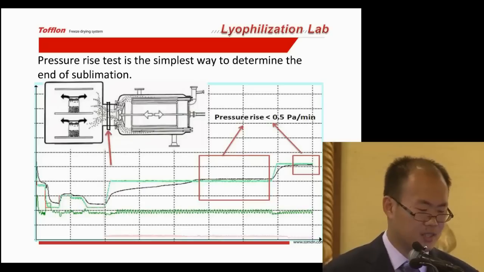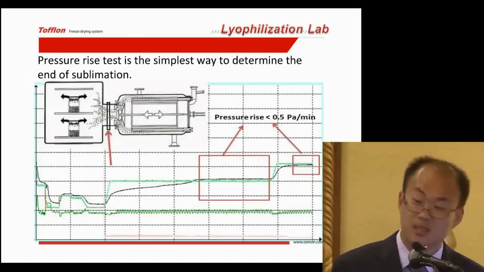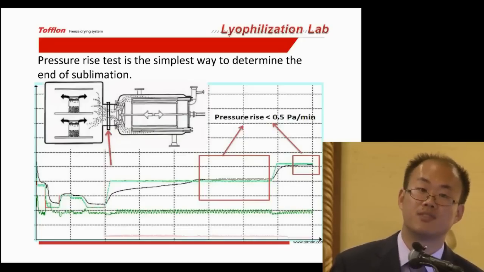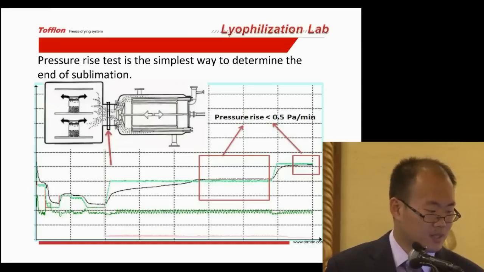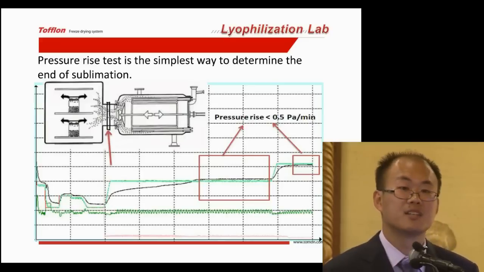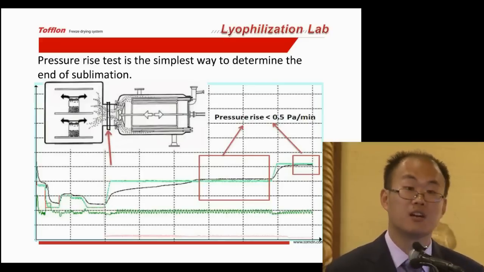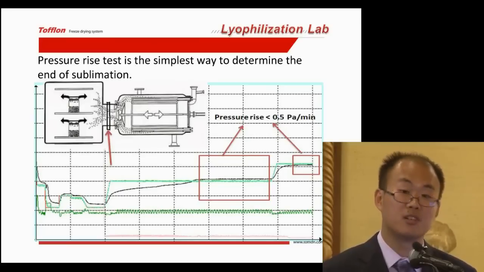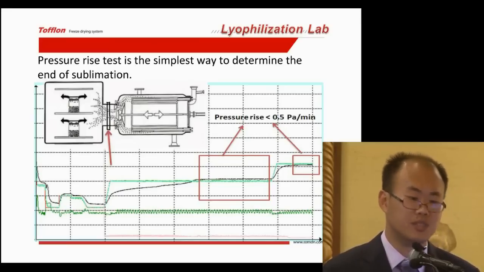Now just see the right table. The right table shows the saturated vapor pressure under different temperatures. Now in the front chamber, the vapor pressure is high, and in the back chamber, the vapor pressure is low. So the difference of pressure provides the force for the vapor movement.